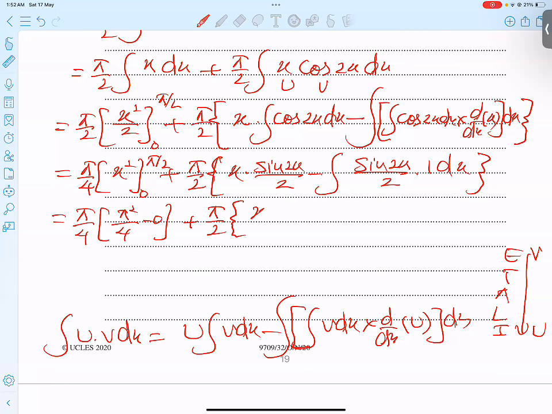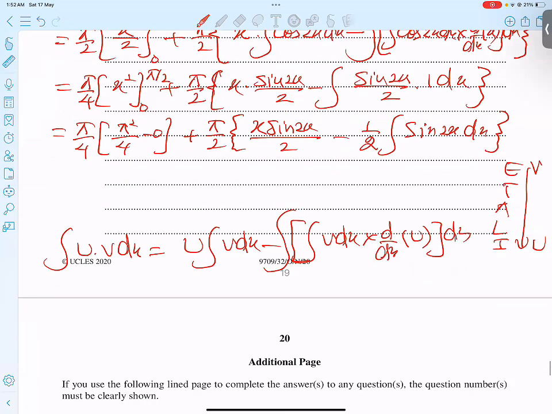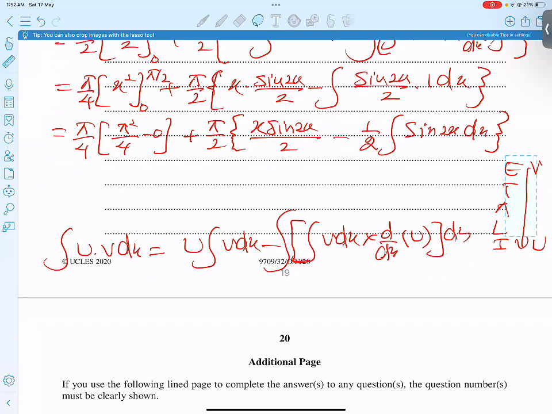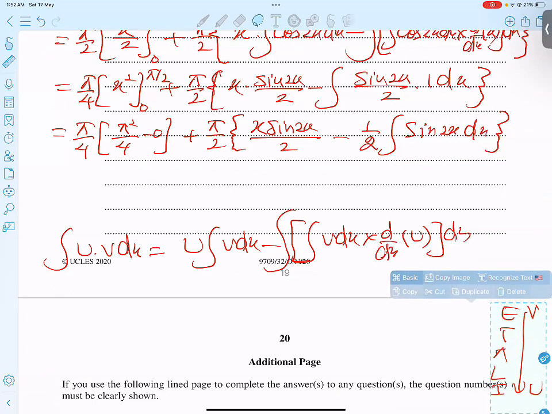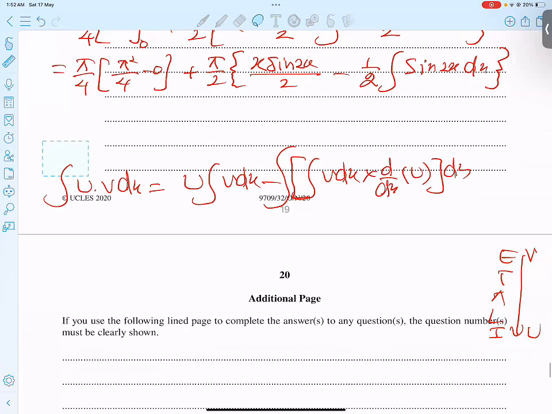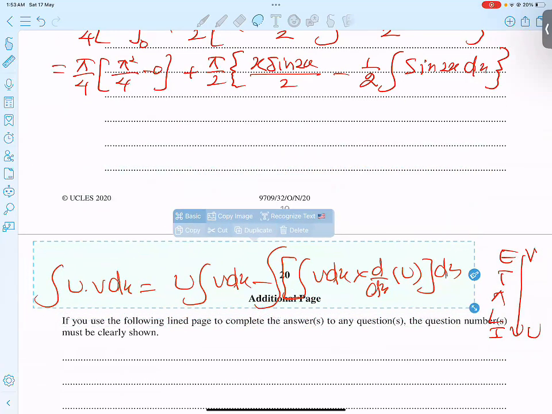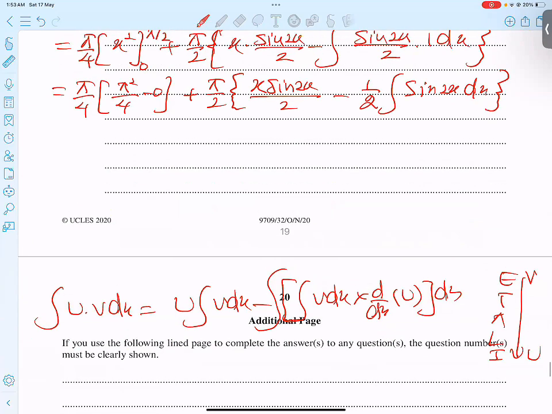In curly brackets, x sine 2x over 2, minus this 1 by 2 comes out, and inside I get sine 2x dx. Now I'm going to apply this formula.